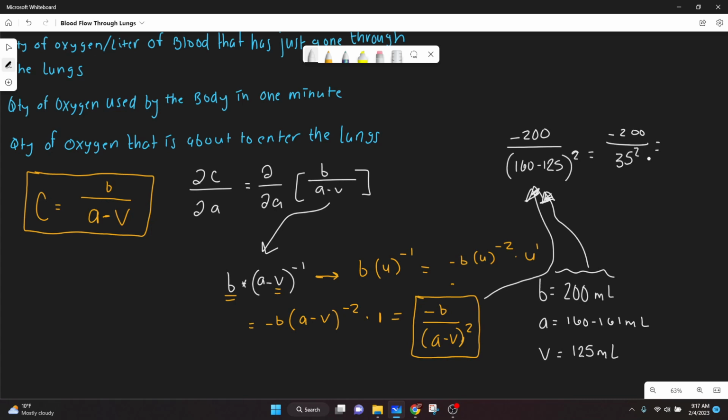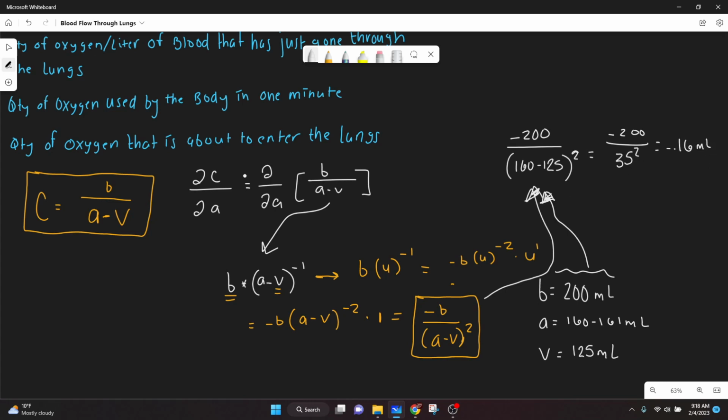Which equals, let me calculate that for us, roughly negative 0.16 milliliters.